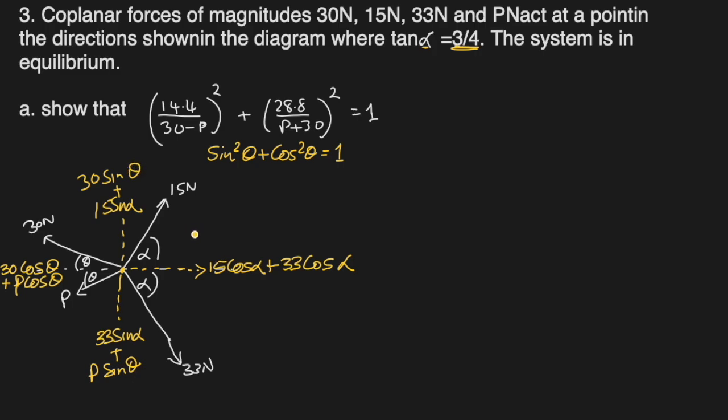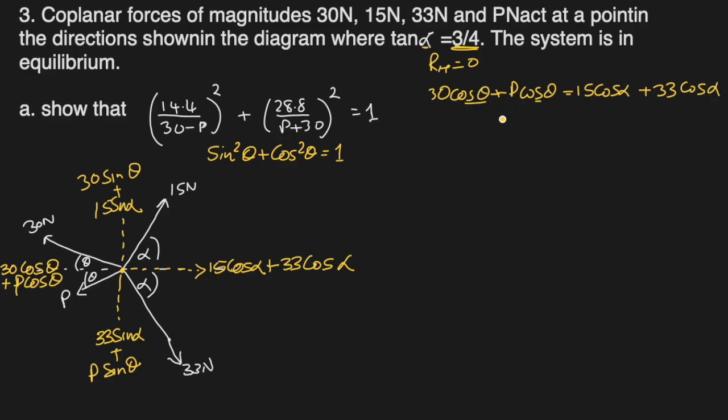Okay, since the system is in equilibrium, we will equate the equations. Now let me equate these horizontal ones. So resultant of horizontal is 0, right? So let's make them equal now. 30 cos theta plus p cos theta is equal to 15 cos alpha plus 33 cos alpha.